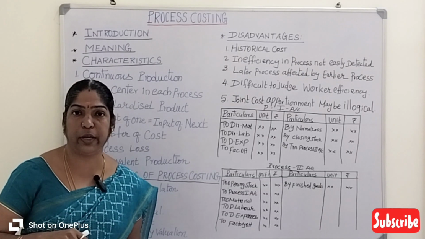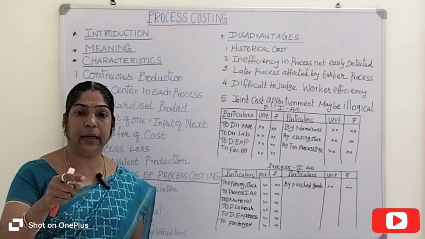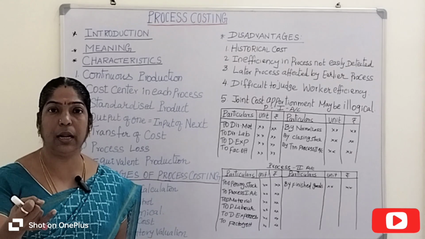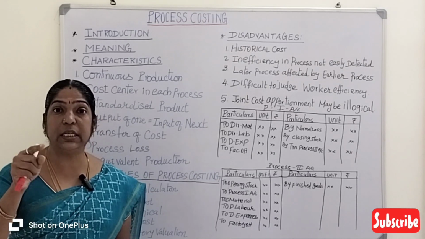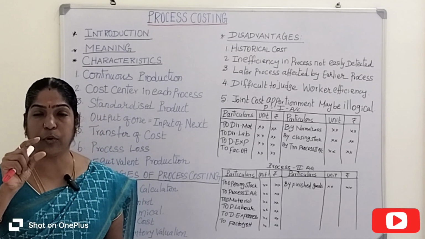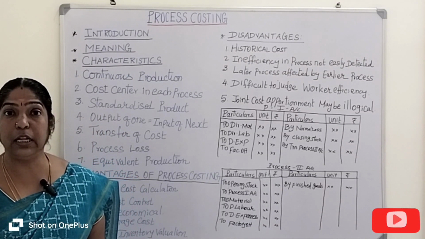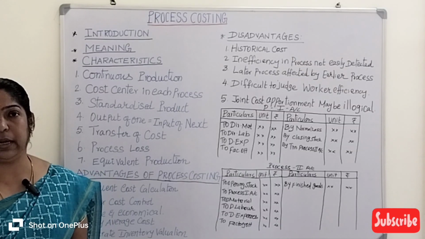Let's take the soap manufacturing industries. In process 1, they are mixing oil and chemical. The cost amount spent is 10,000 rupees. So at the end of process 1, they entered 10,000 rupees spent for oil and chemical.